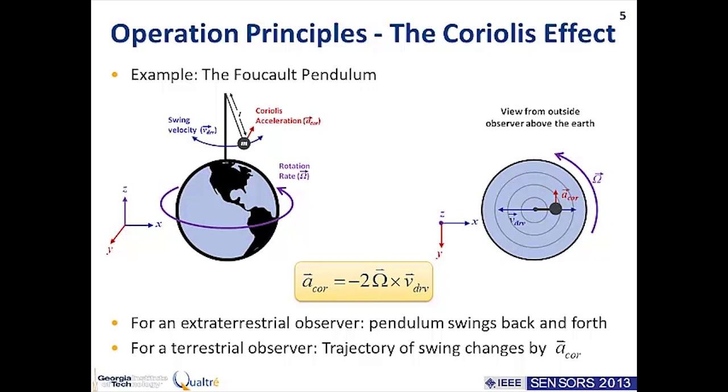and it's swinging back and forth, if we have an outside observer, someone for example in outer space, what that person is going to see is that the swing of that pendulum is always going to be about the x-axis. If we assume that there are no other damping forces or interaction between the string and the rod that supports the pendulum, there's no reason for this pendulum to change trajectory in the global coordinate system.